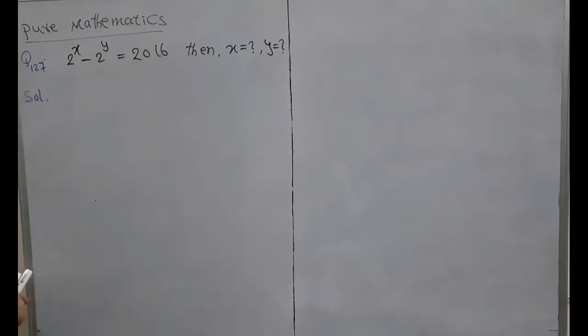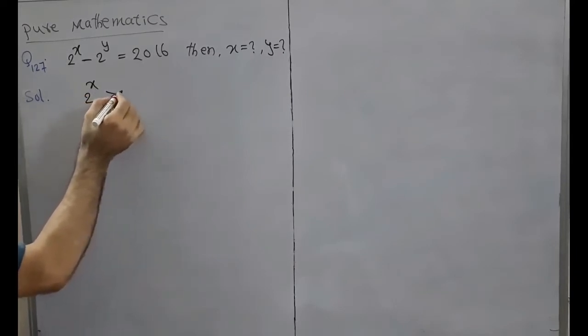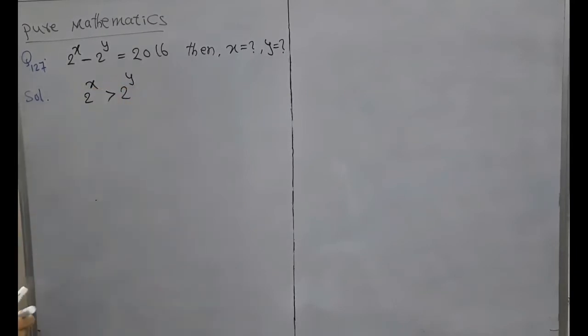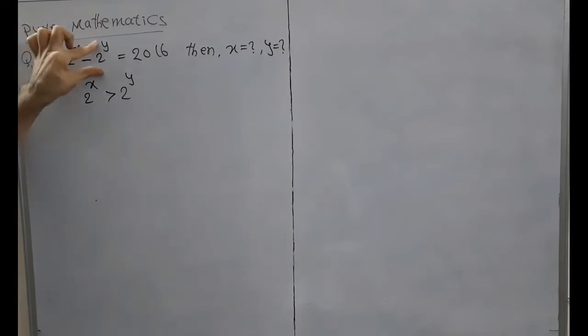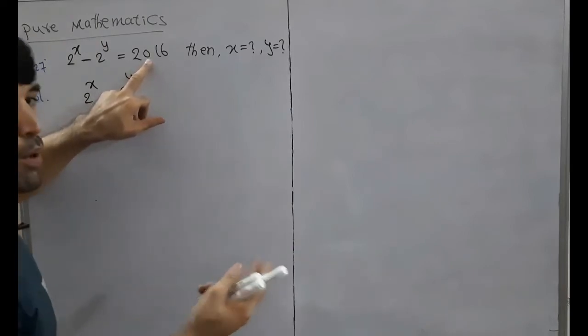Dear students, if we write 2 to the power x greater than 2 to the power y, it should be like that. Why? Because if this term is less than 2 to the power y, then the result will be negative. But here on the right side we have positive.